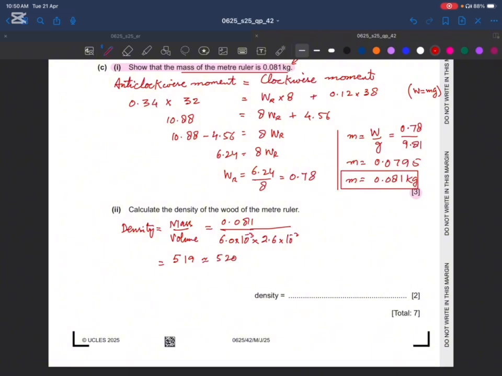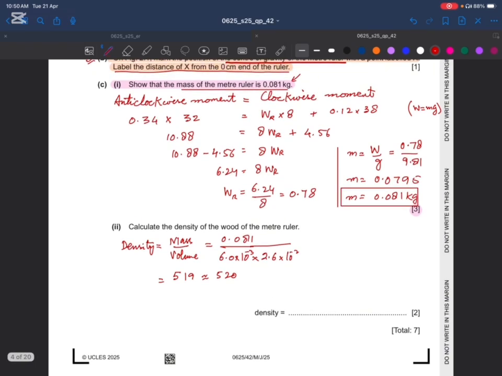Remember this fact: if the data is given in two significant figures, your answer should be in two significant figures. That's why we have changed this value from 519 to 520. And again, you have to write the unit. So kg per meter cube is the unit.